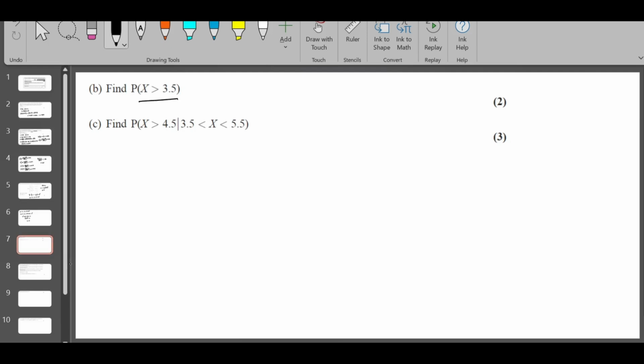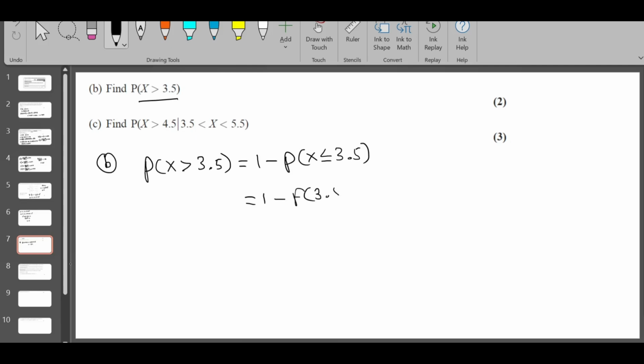Find P of x greater than 3.5, which is the same as 1 minus P of x less than or equal to 3.5. We can write this as a cumulative function F of 3.5.